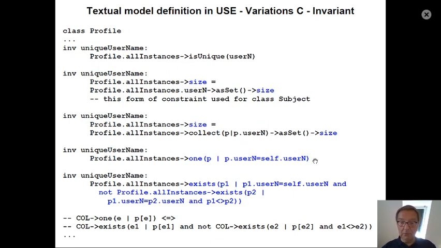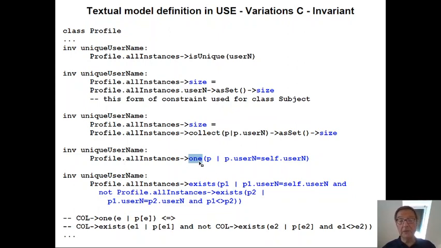The next alternative formulation for the invariant is a formulation where I'm taking advantage of the one collection operation in order to establish the requirement unique usernames. What I can do is consider all profiles.